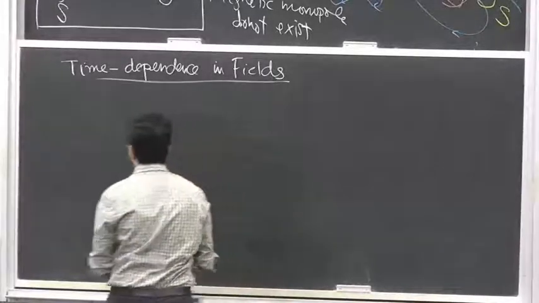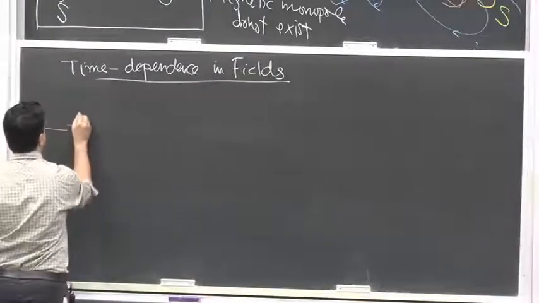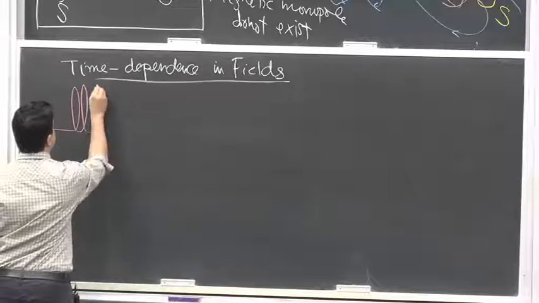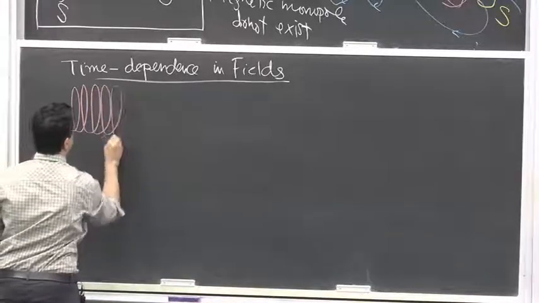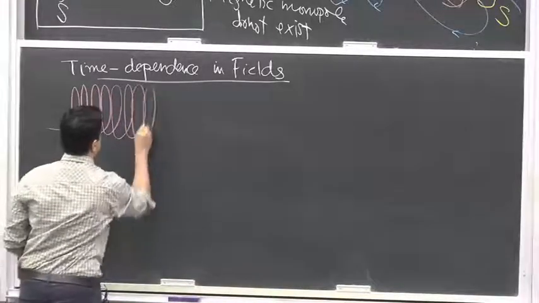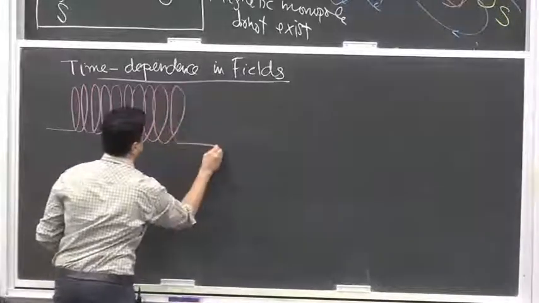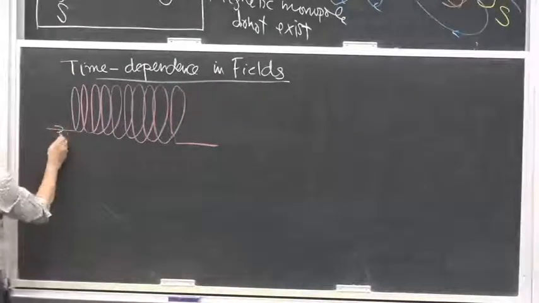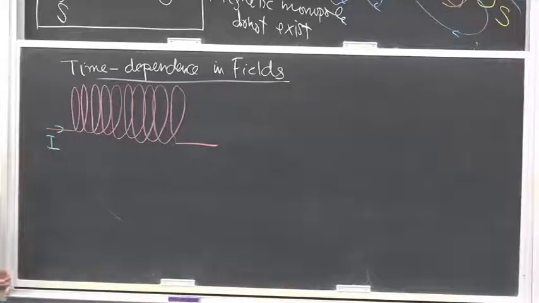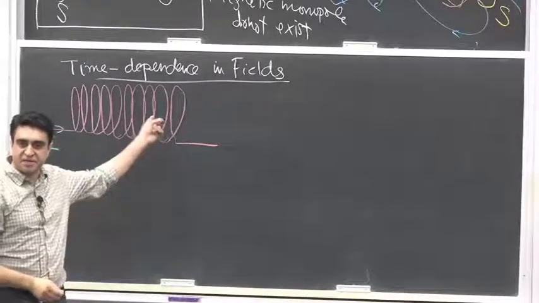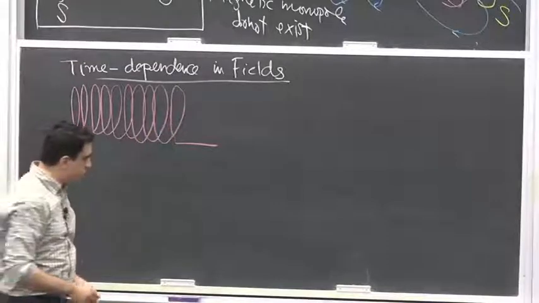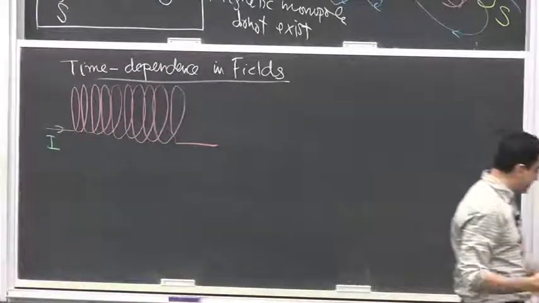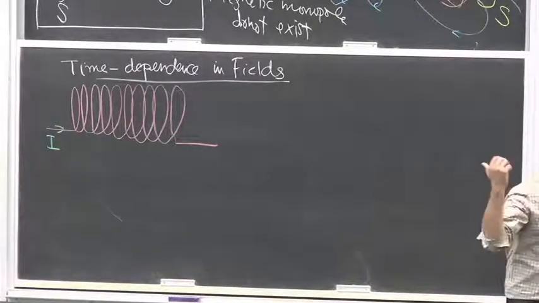So let's take a solenoid. And I introduce a current I in the solenoid, and if I have this current, I would produce a magnetic field inside the solenoid. So what would be the direction of the magnetic field? It would be given by the right hand rule.